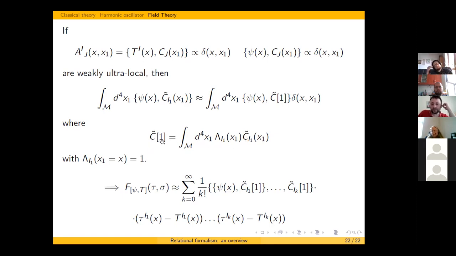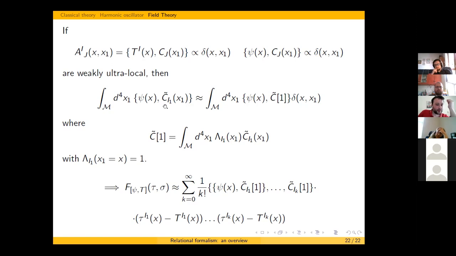So we don't have basically x1, the coordinate in here, but this holds only if this test function at the point x1 equal x is equal to 1, namely just when we have this Dirac delta between x and x1.